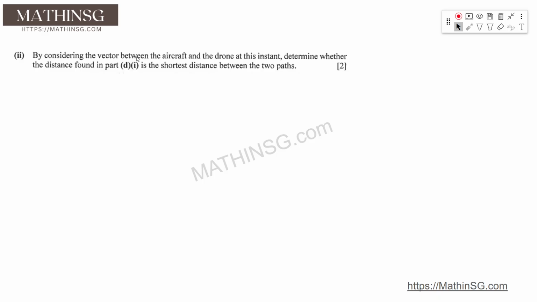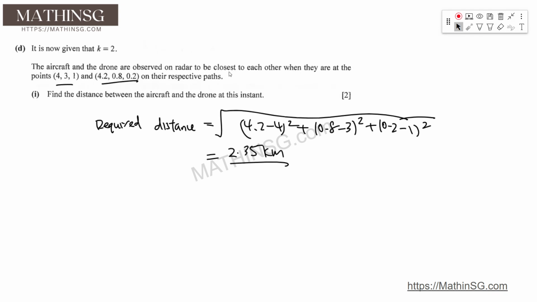Next, by considering the vector between the aircraft and the drone at this instant, determine whether the distance found in part D part 1 is the shortest distance between the two paths. So we have the aircraft's path and the drone's path. We are told they are closest to each other at this point and this point, which are (4, 3, 1) and (4.2, 0.8, 0.2) respectively.